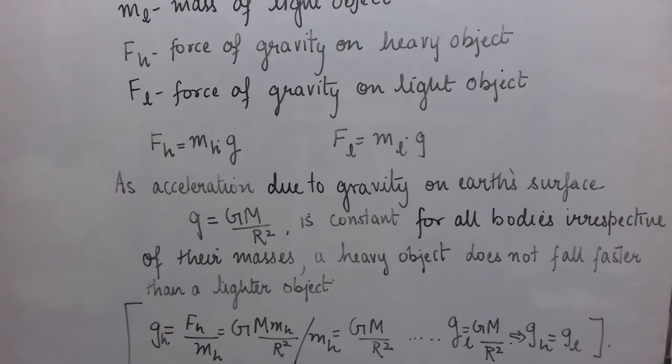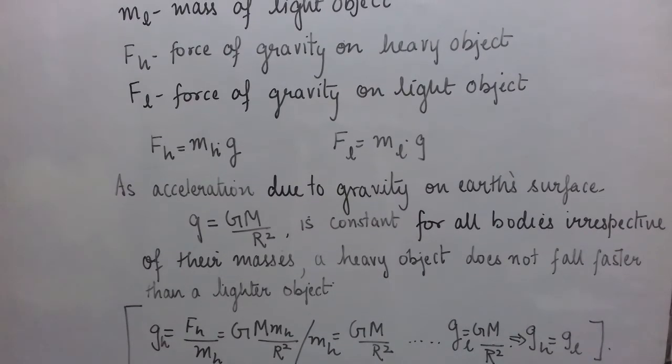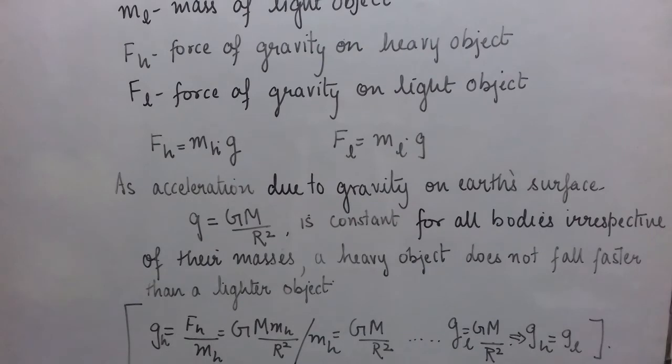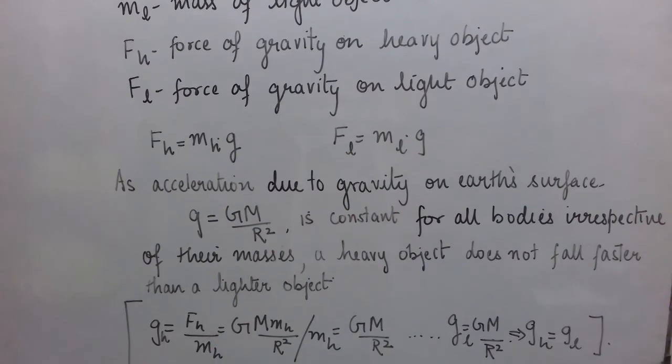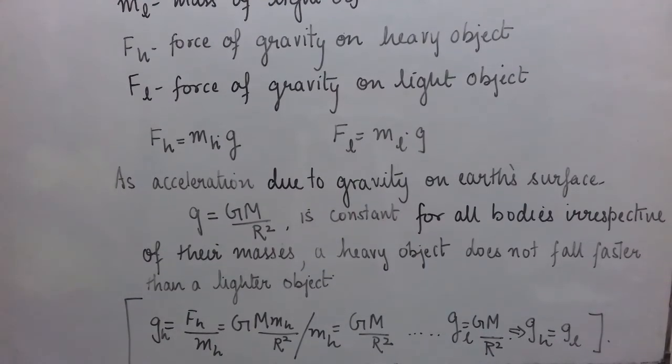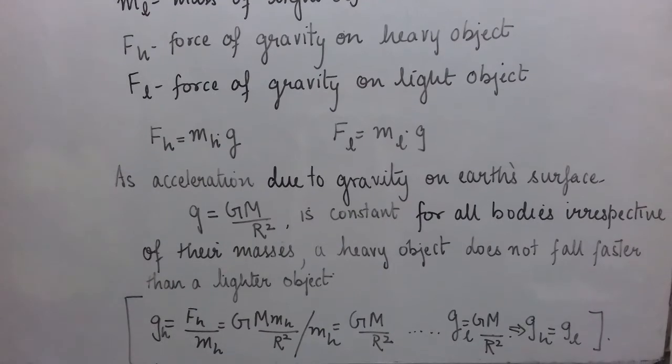So this is Fh divided by small mh. When we do the simplification, small mh gets cancelled and we are left with gh equal to capital G capital M divided by r square.